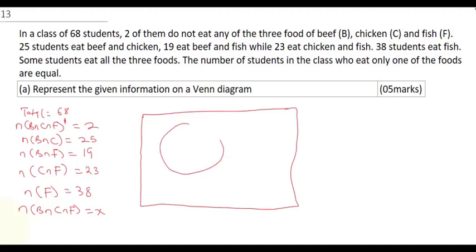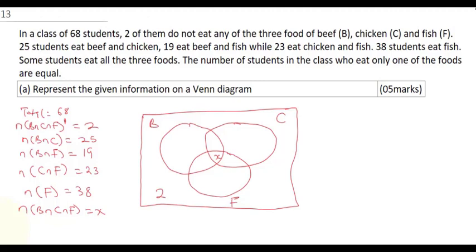Okay, so we are going to call here beef, we are going to call here chicken, and this will be fish. Now recall that X is going to be here. Then for those that do not eat beef, they don't eat any, this is going to be 2.